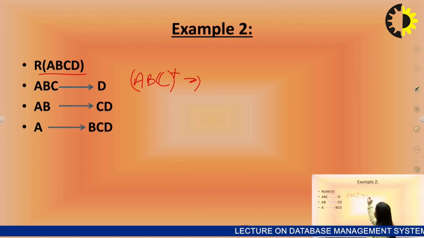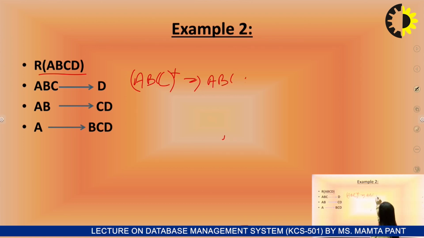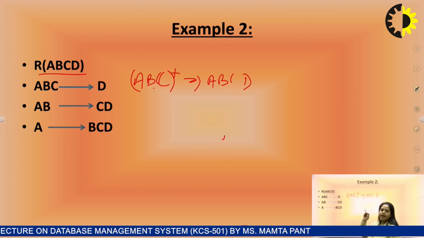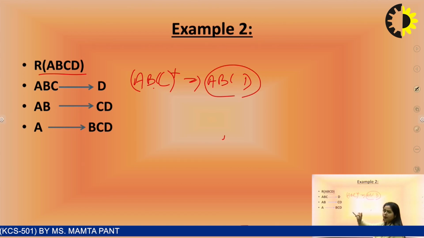So I already have A, B and C, and with the help of these attributes I can find the value of D. So with the help of A, B, C, can I fetch all the remaining attributes of relation R? Yes, I can find all the attributes of relation R.